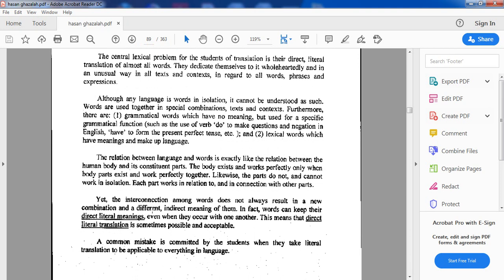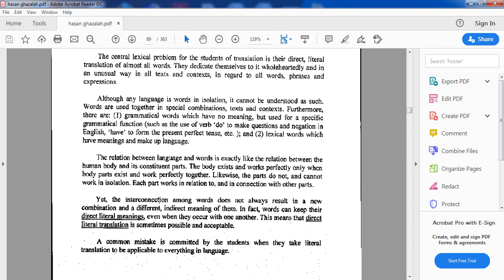Yes, sometimes, but not all the time. Sometimes we have direct literal meanings for words within sentences, and an acceptable literal translation for some sentences.